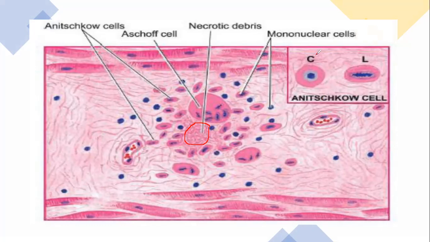You can see a cross section of an Anitschkow cell and a longitudinal section. In the longitudinal section, you can see the chromatin within the nucleus is somewhat wavy. So, caterpillar, okay? So these are the Aschoff bodies, and these are pathognomonic of acute rheumatic fever. They are found within the myocardium.